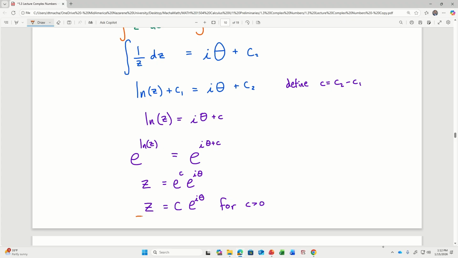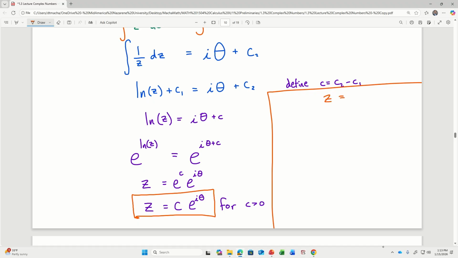What we're going to do is take this expression for Z that we found. Z is equal to C e to the I theta. And we are going to say, okay, Z is C times e to the I theta. We're going to scroll back up and remember, how did we define Z to begin with?